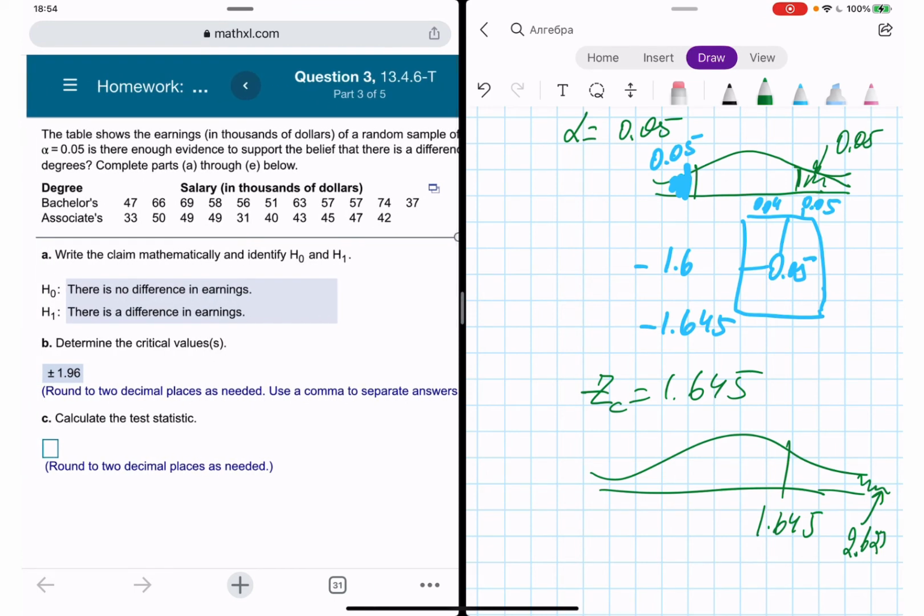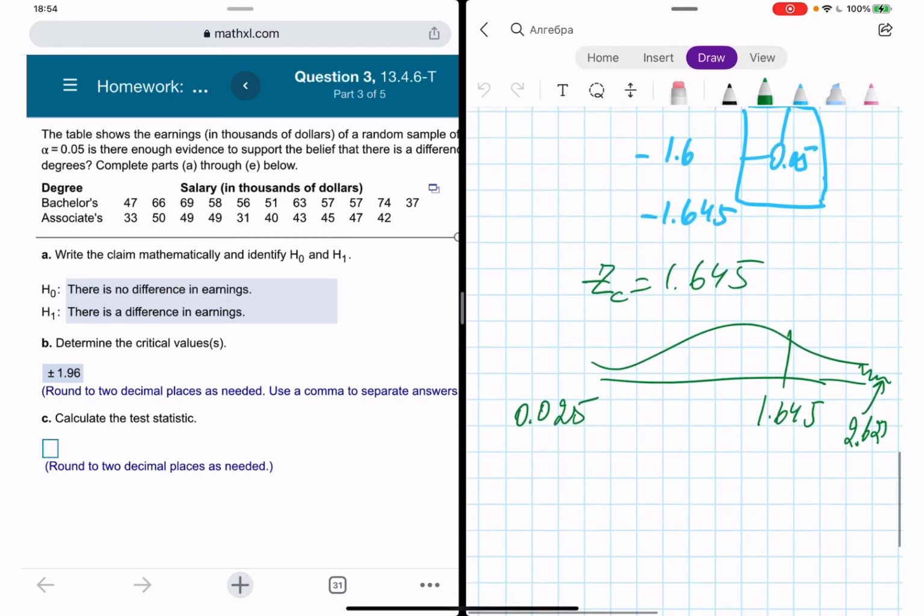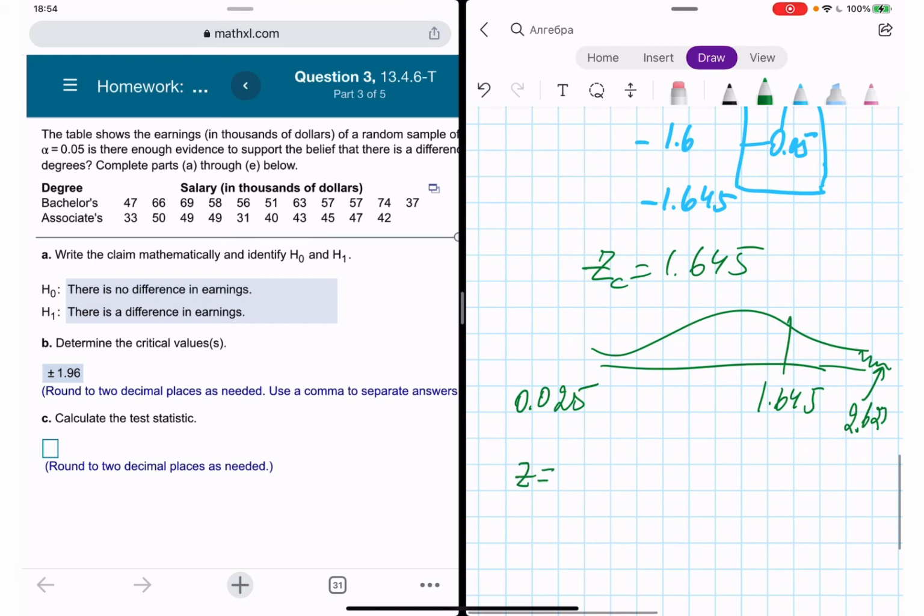Here, 0.025 alpha, because for two tails I split it, and that should give you a z-score of plus or minus 1.96.